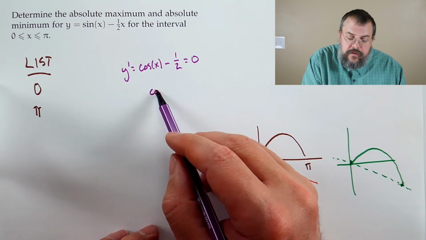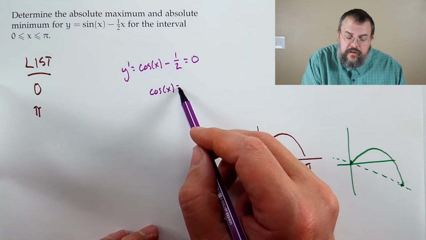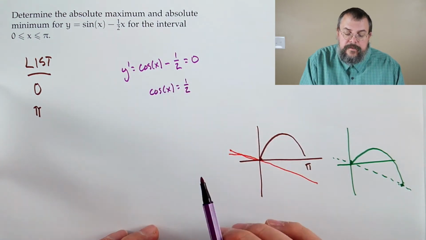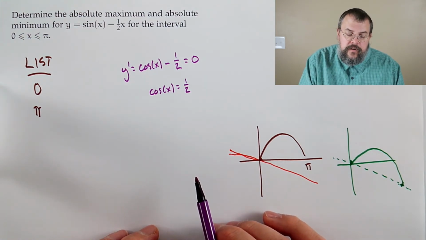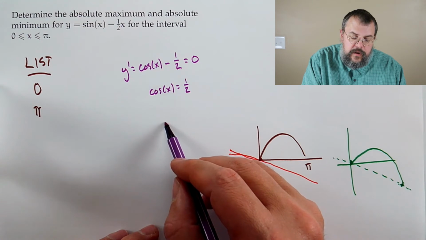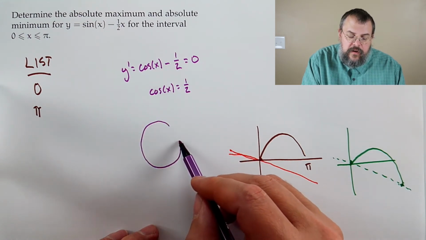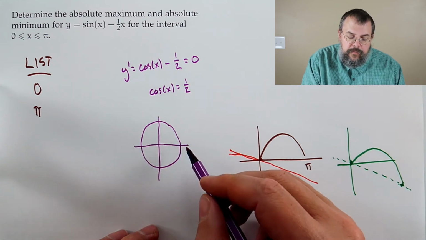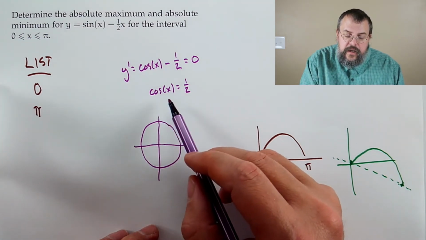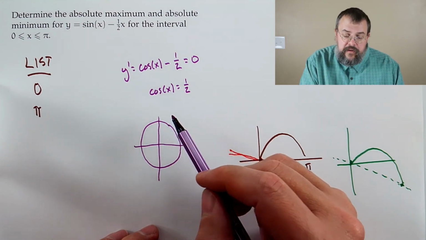So the last thing is to say, well, could it be 0? Well, that would be true when cosine of x is equal to 1/2. All right, well, when does cosine equal 1/2? If you think about your unit circle, because that's a nice way to think about trigonometry, the cosine of an angle is the x-coordinate.